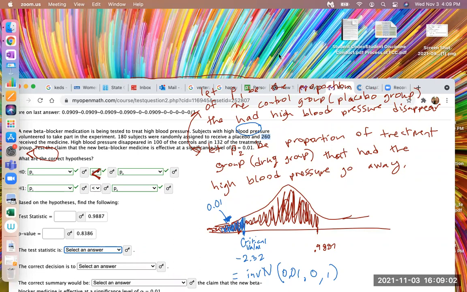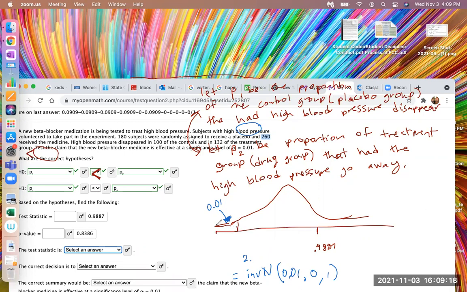The critical value is probably further to the left, probably like over here, because that's pretty small. This area is 0.01. And this critical value is -2.32.